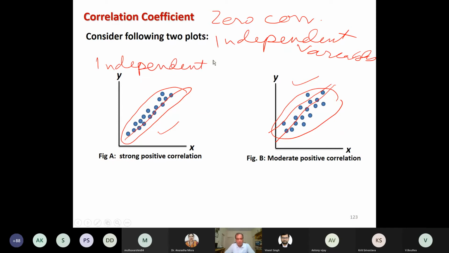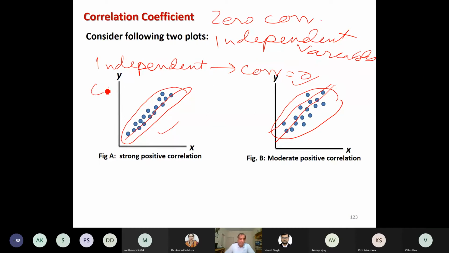We have some definitions of independence, how you can check it mathematically, but I'm not going in that direction. The concept is the same, that the occurrence of one variable does not affect the occurrence of another variable. In that case, if the two variables are independent, it implies that the correlation between the two variables is zero. There is no linear relationship between the two.